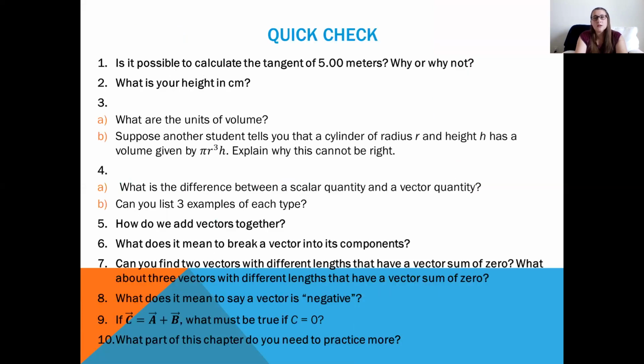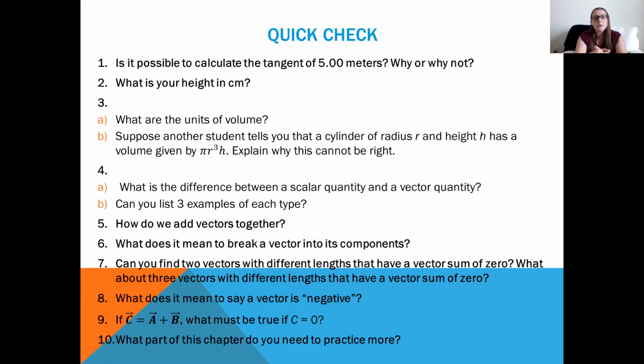Okay, so here, I know we just did a little bit of review, but this wraps up chapter 1. So I want you to take a couple of minutes and think through these questions. This is kind of like our informal chapter 1 quiz. These are the types of questions that you would see on a quiz or a test covering this material.